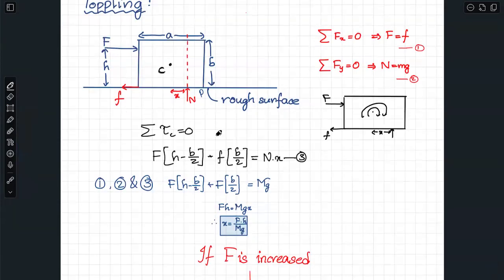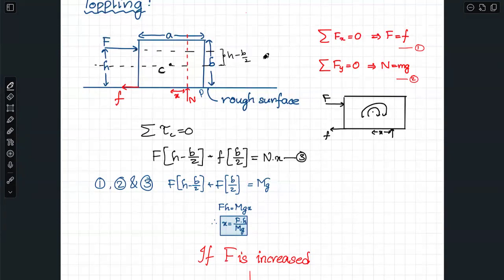About C, it's still in equilibrium. And remember, about C, this distance is b by 2, and this distance will obviously be h minus b by 2.